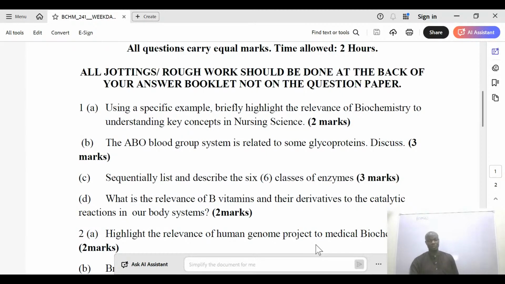Ladies and gentlemen, let me start by asking you questions because I want this class to be more of an interaction. What do you do as a nurse? You are working in a hospital. As a nurse, what is your role in the hospital?